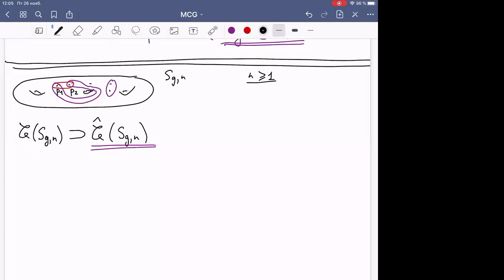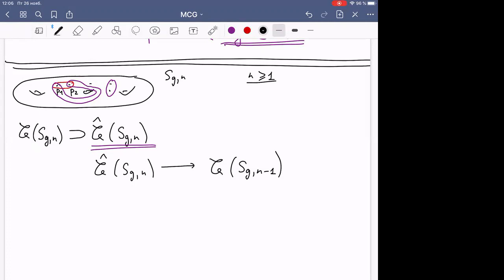So this is a subcomplex, and for this subcomplex we have a natural map to the curve complex of the surface of the same genus, but with one less puncture. This is just by forgetting the puncture P1, or we may say by filling the puncture P1.